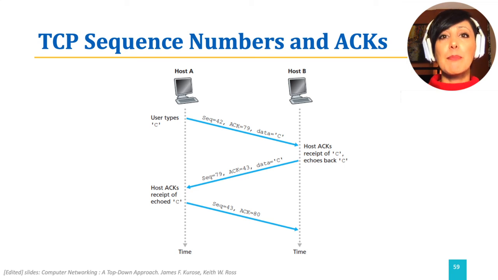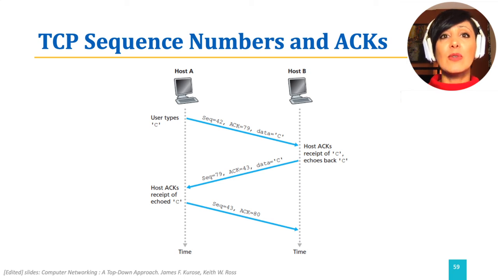Assume that B will echo a C as well. The communication from B to A will include sequence number 79 as of previous announcement from host A. It will also include ACK equals 43 because it has received byte 42 with letter C from A, and now will be waiting for byte 43.